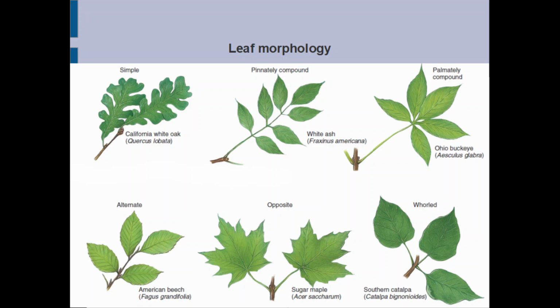Still they resemble each other, so that is why they are here on the same slide, so you can compare them. So this is a noded stem, so 3 or more leaves will grow on this node. This is whorled compound.